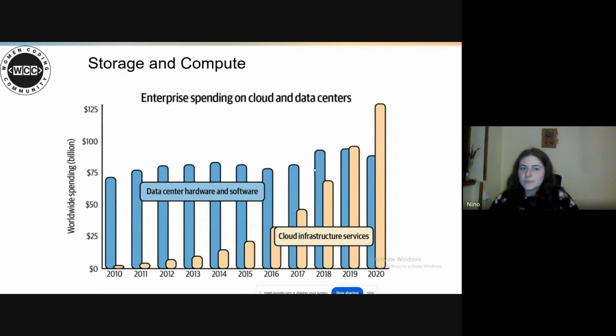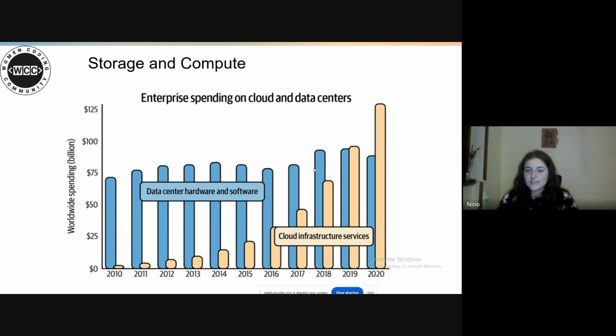Let's deep dive into each layer. We start with storage and compute. On the graph, we see a comparison of enterprise spending and how it changed over the last decade. The blue bars represent spending on traditional data centers, where companies buy their own physical servers, while the orange color shows spending on cloud infrastructure services, where companies rent computing power.